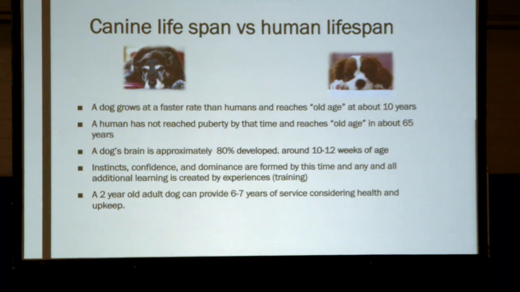So the instincts, the confidence, the dominance are all formed by this time, and any and all additional learning is created by the experiences of training. Good or bad, it's the experiences of training. And a 2-year-old adult dog can provide 6 to 7 years of service considering health and upkeep.